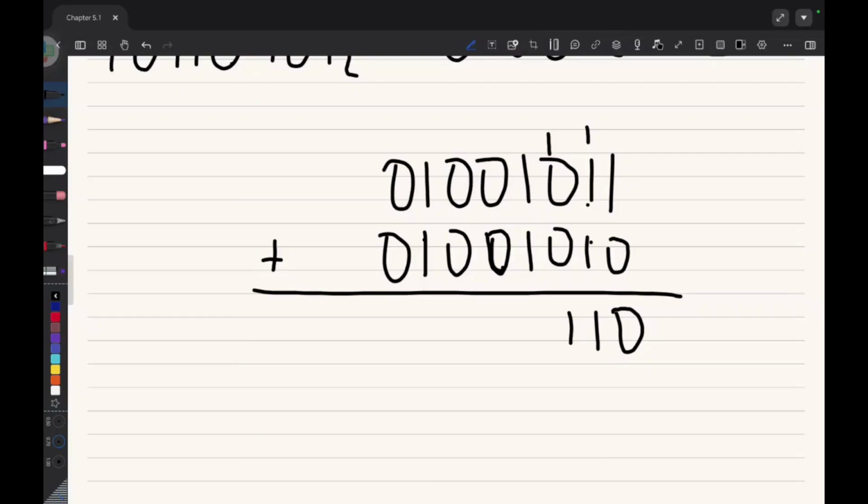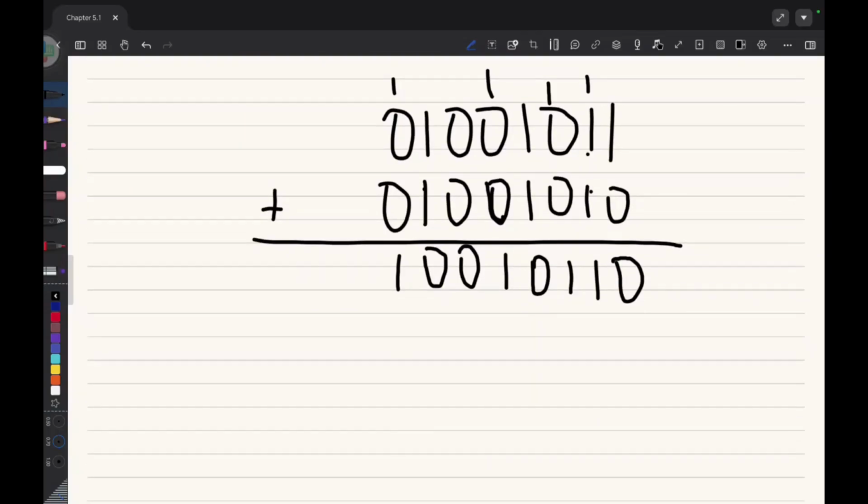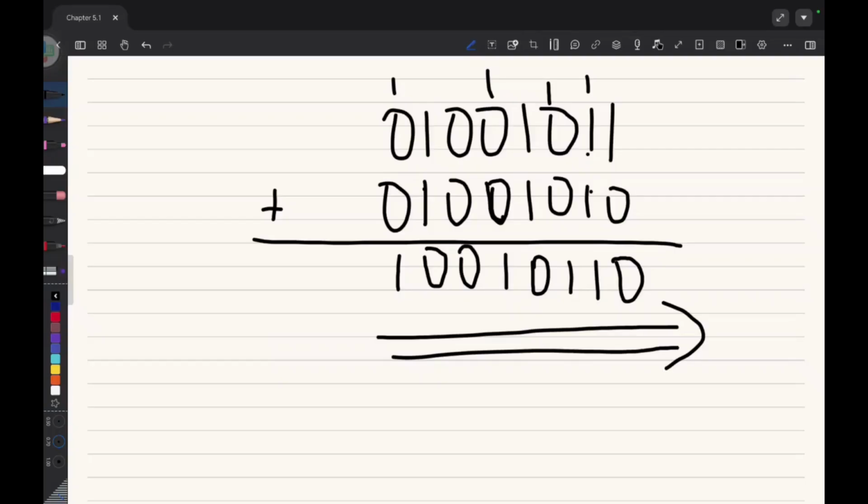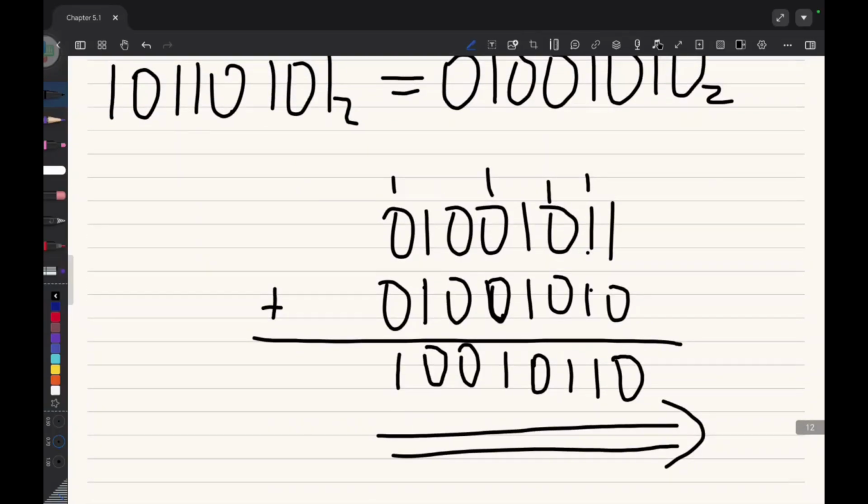Then here we have a 1 and 1, which gives us a 2, denoted by 0 1. So we take the 0, carry the 1, then 0, and then this is 1. Here we don't have any carry. So this is going to be the number that we get from subtracting the two numbers.